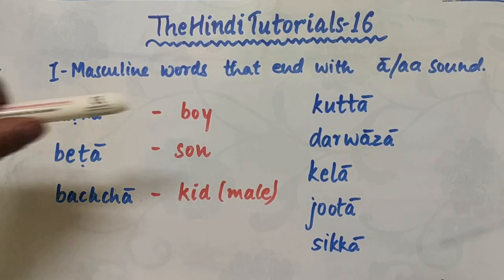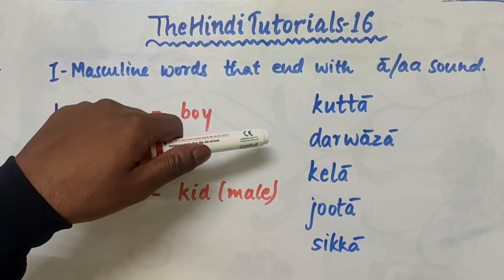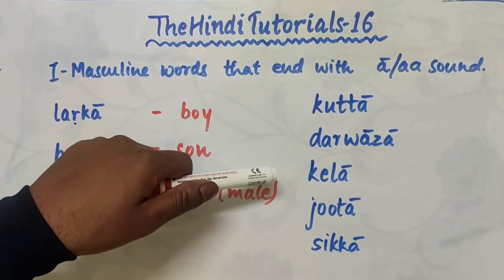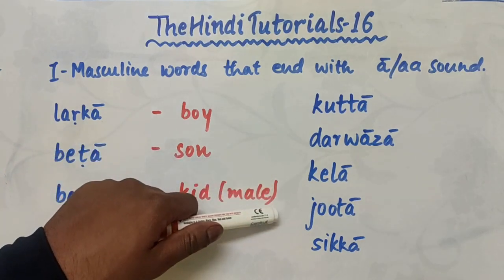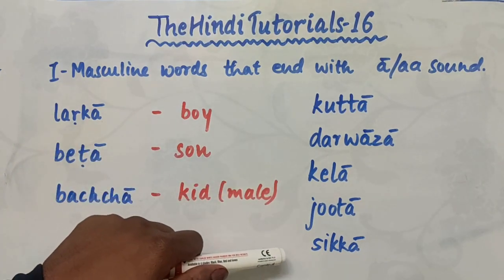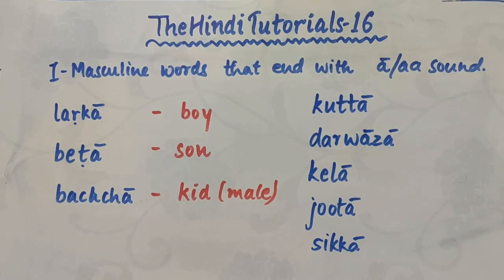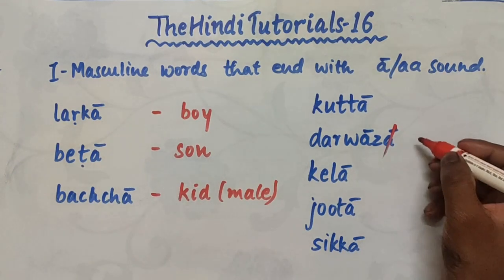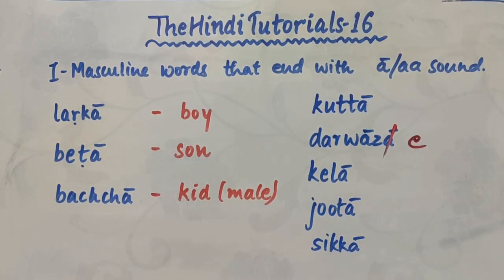If you remember, kutta is dog, darwaza is door, kela is banana, juta is a shoe. I hope you remember this. Sikka is coin. Now the simple rule to make them plural is replacing the "a" sound with an "a" sound. Okay? Let me explain and write it for you again.